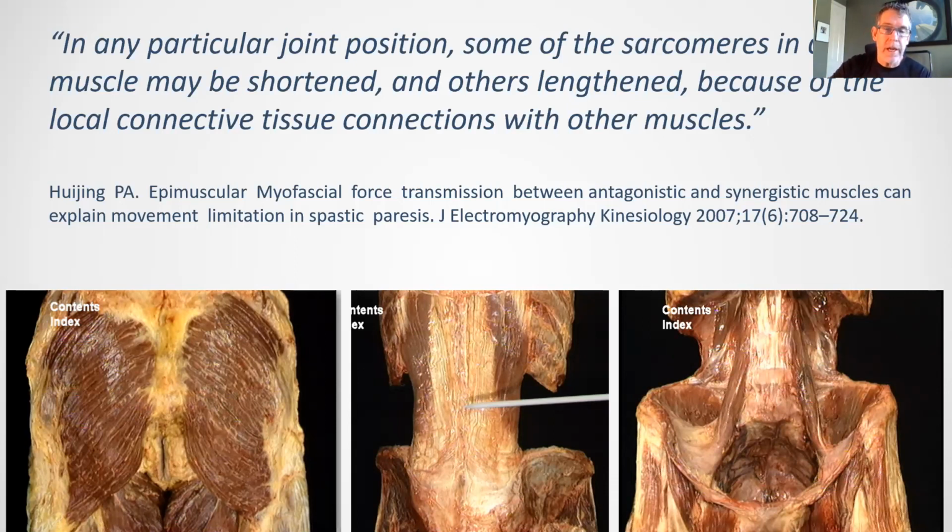So the translation and the tilt really give us an opportunity to change joint positions relative to a fixed segment, as well as therefore expose those tissues. And again, using the example of this study, where certain sarcomeres were lengthened and certain sarcomeres shortened, muscle fibers ultimately will lend to different changes in length as we do that.